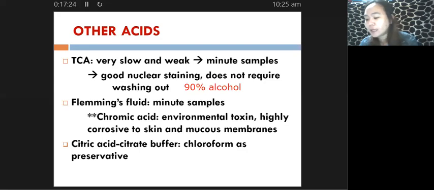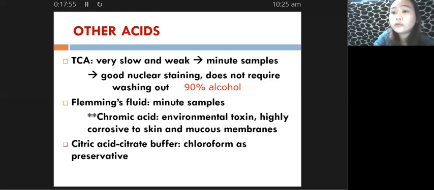And apart from that, it does not produce any tissue distortion. The preservative that is incorporated in your citric acid citrate buffer to maintain its effectiveness is chloroform.